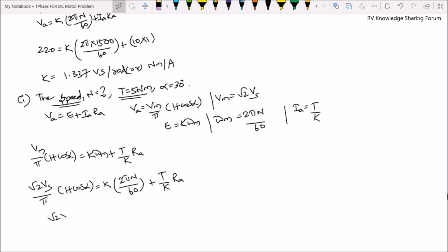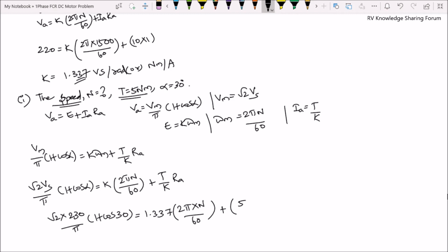Root 2 Vs is given as 230 by pi into 1 plus cos 30 degrees, and K is 1.337, into 2 pi n by 60, plus torque 5 by K, 1.337, and the armature resistance is 1.